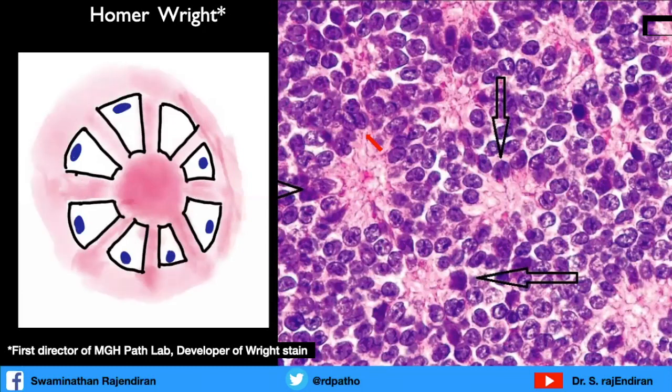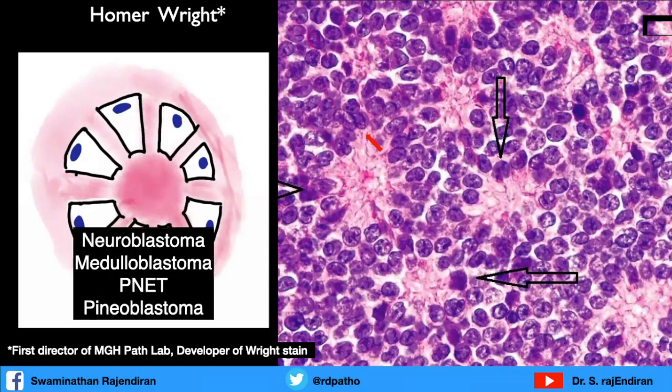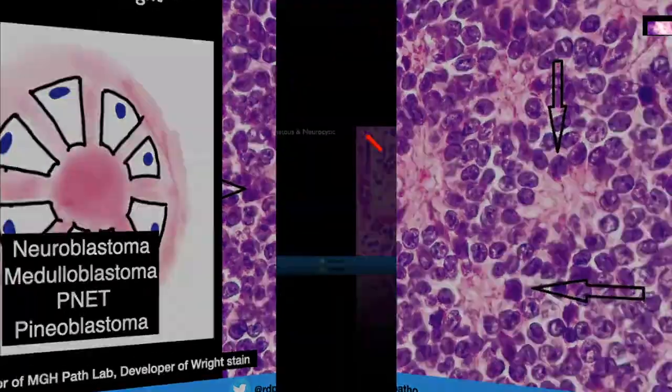So as by the definition, the center space is occupied by the tumor component. That is the definition of a true rosette. This type of rosette can be seen in neuroblastoma, medulloblastoma, primitive neuroectodermal tumors, and pineoblastomas. They are more poorly differentiated neuronal tumors.